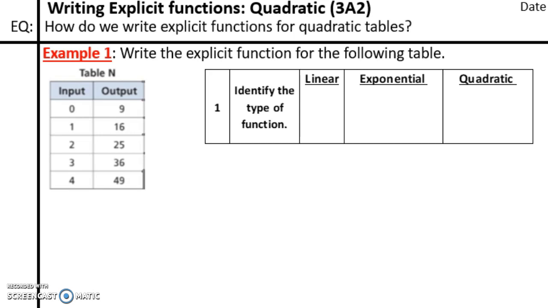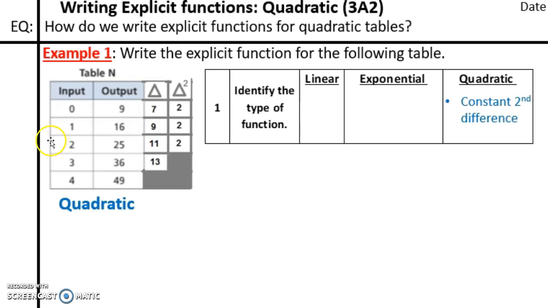So the first thing we need to do is we need to be able to identify what type of function that is. So we're going to create some more columns to calculate the first difference. When we calculate the first difference, we notice that it's not constant.